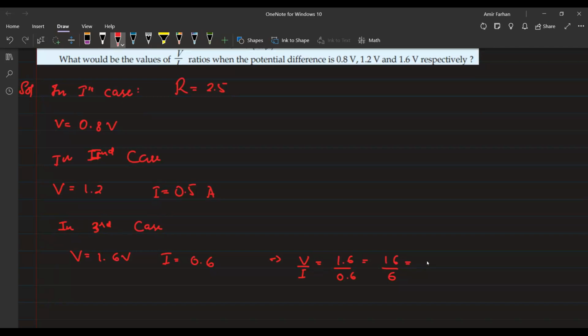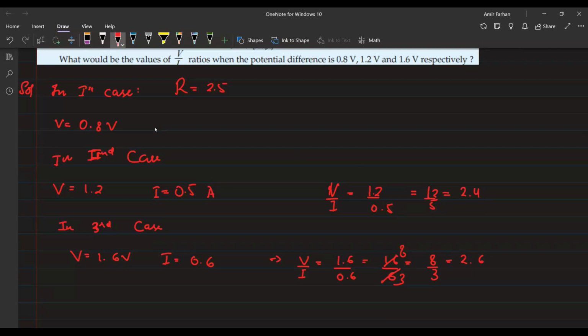So it would be 8 by 3, which will be 2.6 something. And here, V by I will be equal to 1.2 divided by 0.5. It is 12 by 5, so it comes out to be 2.4.